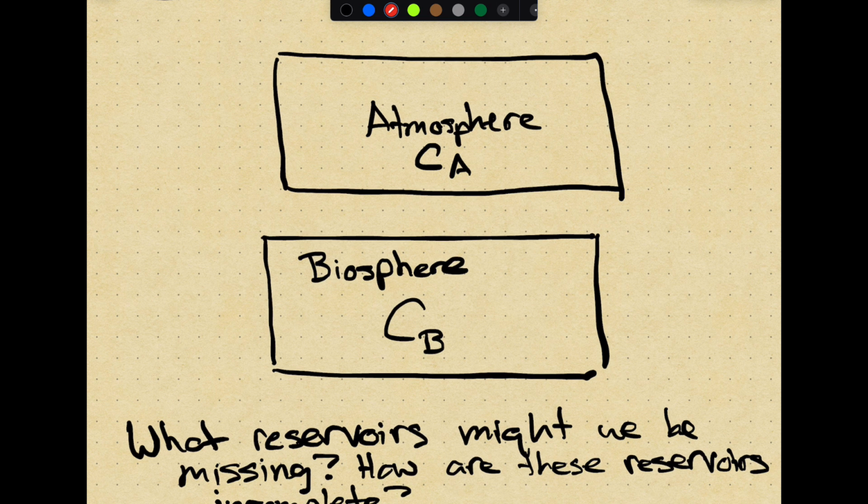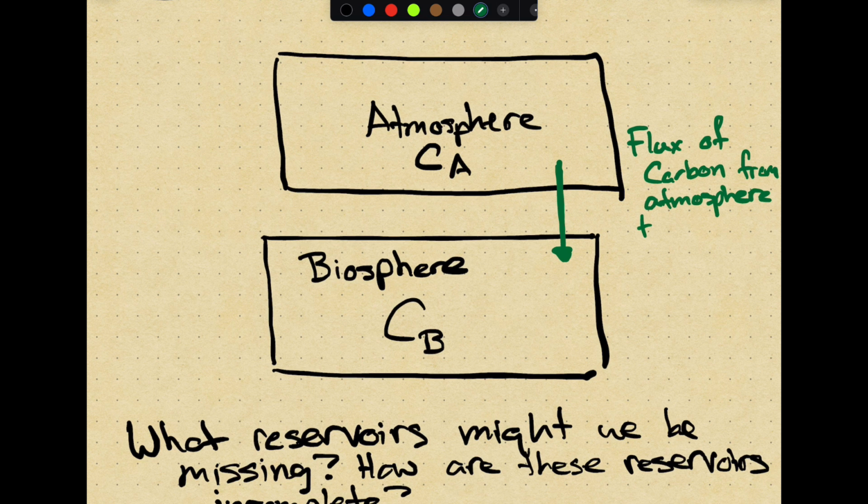To draw a stronger hint, I'm going to color this in green. This arrow here represents the flux of carbon from the atmosphere to the biosphere.